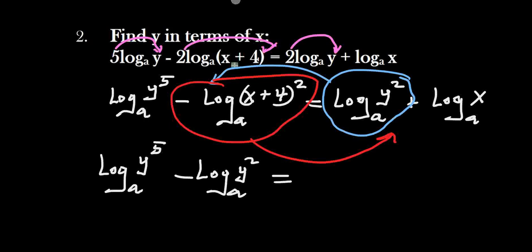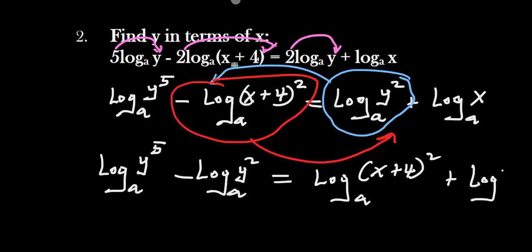Switch that to the right hand side and change the negative sign to positive. So this will become log (x plus 4) squared to base a plus log x to base a.